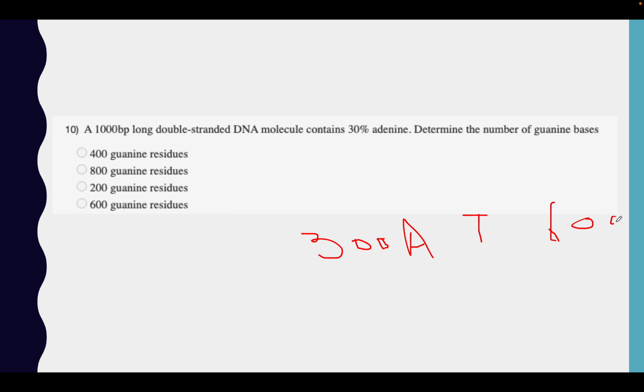Now GC will be 400, right? 400 will be your GC. Now it is asking about guanine bases, so it will be 200. 200 of guanine, 200 of cytosine, 300 of thymine. Any of these could be asked, any percent could be asked. So this is easy.